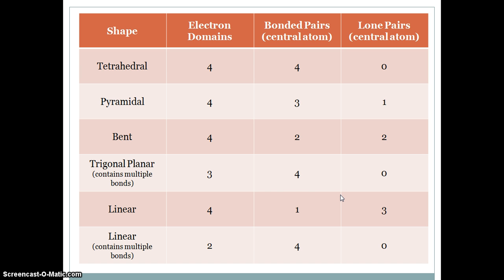Next we have what's called trigonal planar, and these ones are going to contain multiple bonds. That's why we have only 3 electron domains, but still have 4 bonded pairs. And usually there's going to be 0 lone pairs.